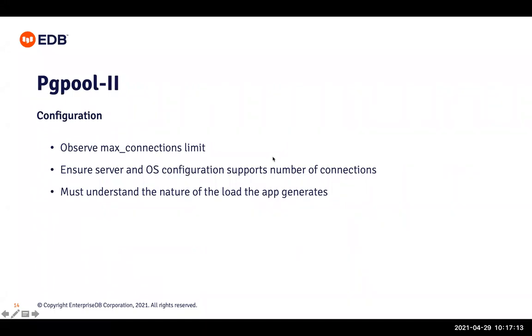So again, as far as the configuration, if you're using all its features, pgpool is very complex to set up. By default, it will fork 32 child processes, which is controlled by the num_init_children parameter. And one process is equal to one Postgres connection.